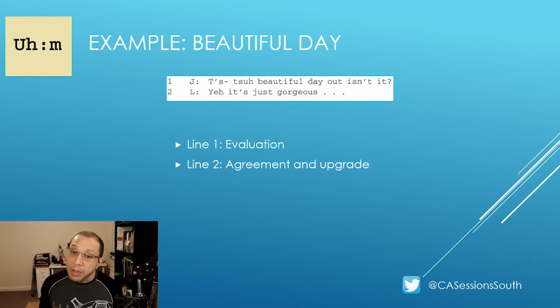In line 2, the approval is not only granted, but it's provided with an upgraded response that not only is in alignment with the preference organization of the evaluation, but projects a degree of agency on the part of this participant who becomes more active in the construction of this evaluation. This upgraded assessment performs a very different action when compared to a more weak approval of "yes it is" or just "yes."